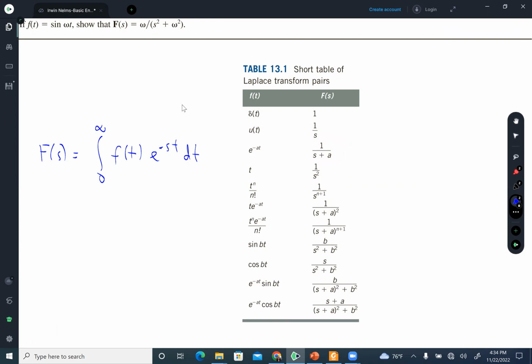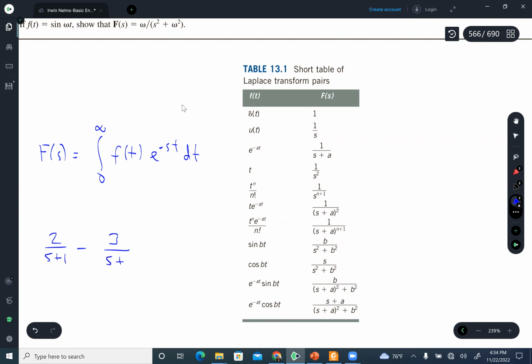However, if I give you, for example, 2 over s plus 1 minus 3 over s plus 2 as your F of s, and I ask you to find f of t, now what you would do is you would find the inverse Laplace transform of this term and subtract from that the inverse Laplace transform of this term, right?